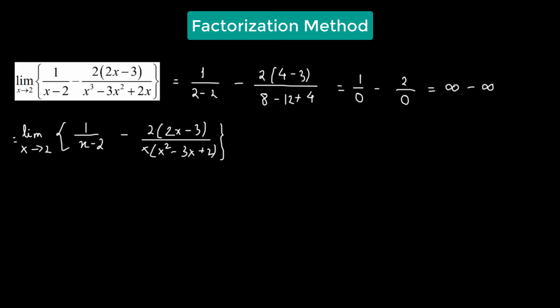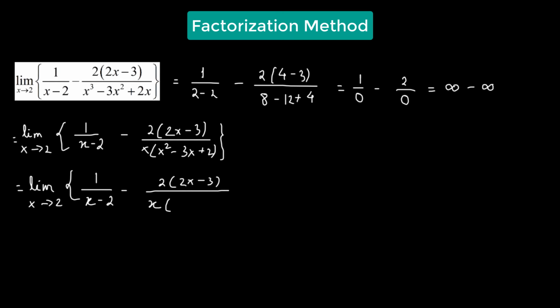So we'll have limit x going to 2, 1 over x minus 2 minus 2 times 2x minus 3 divided by x. So we're going to factorize x squared minus 3x plus 2 by splitting the middle terms.